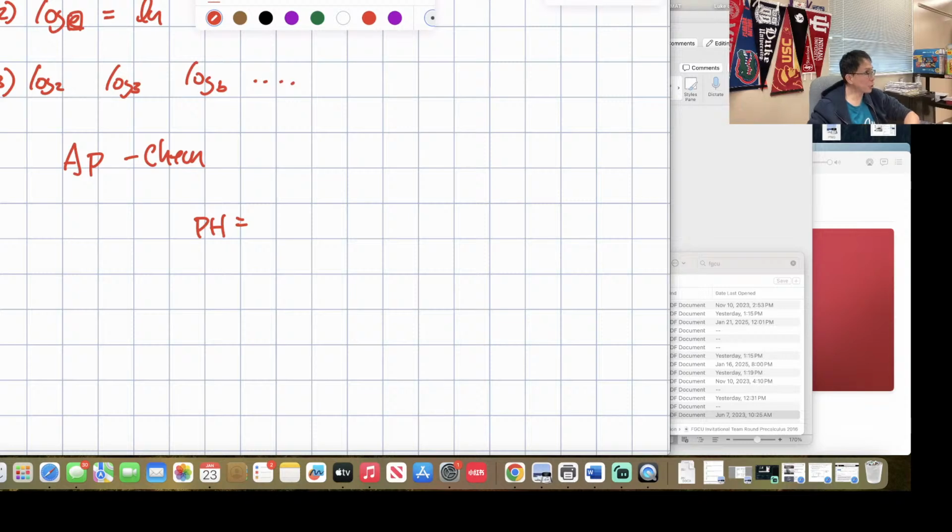So the way to calculate pH is actually not just by litmus test. You can see how many hydrogen ions there are. So it's negative log of H plus.